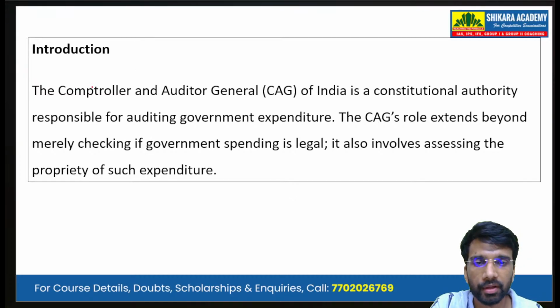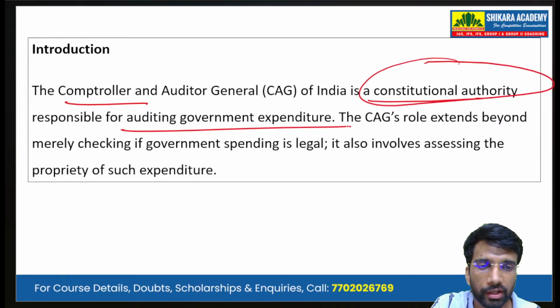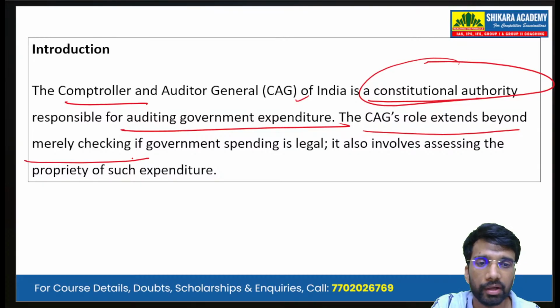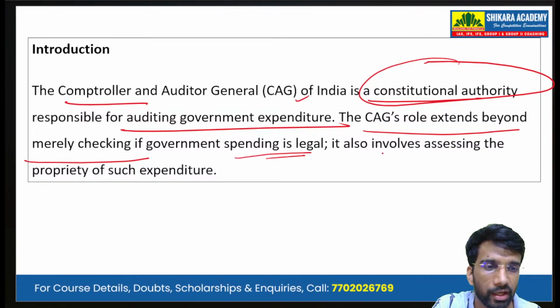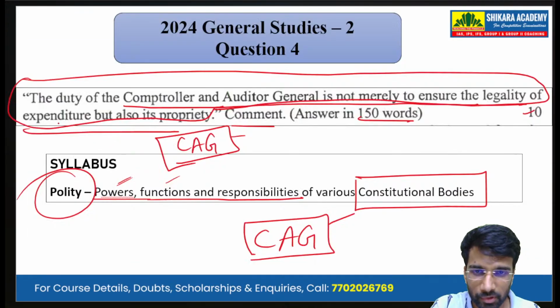Let's see the answer. The Comptroller and Auditor General of India is a constitutional authority responsible for auditing the government expenditure. The CAG's role extends beyond merely checking if the government spending is legal. It also involves assessing the propriety of such expenditure. So this is our statement from the question.